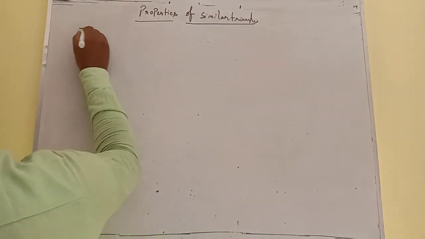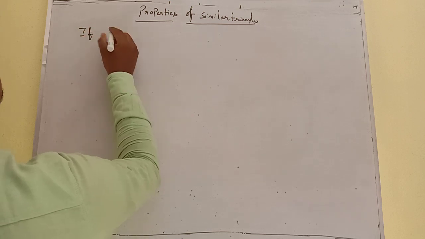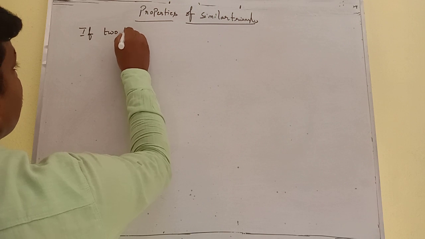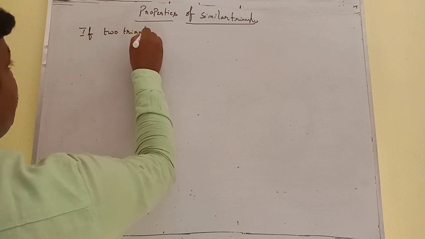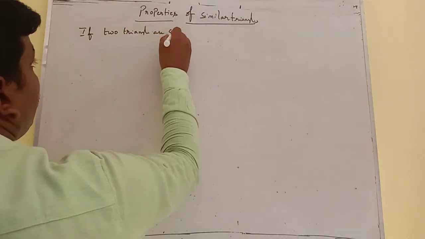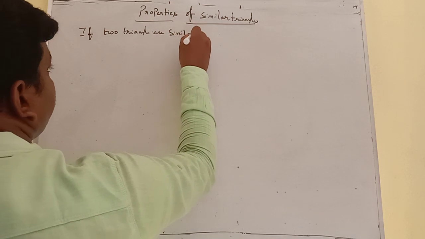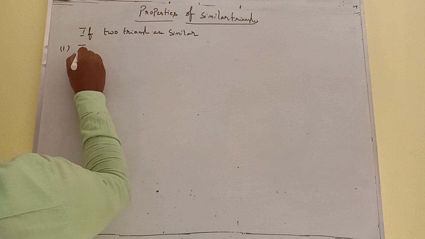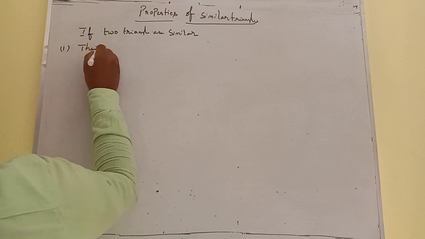So if two triangles are similar, the first condition is that their corresponding angles are equal.